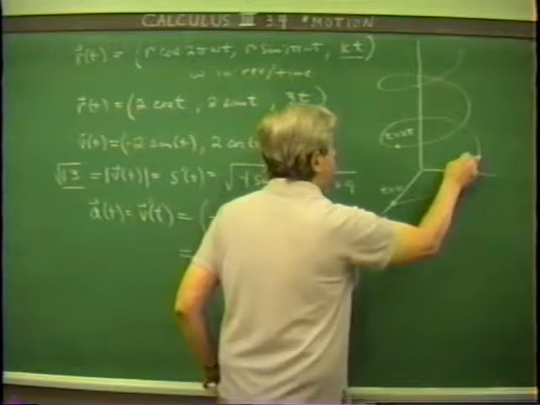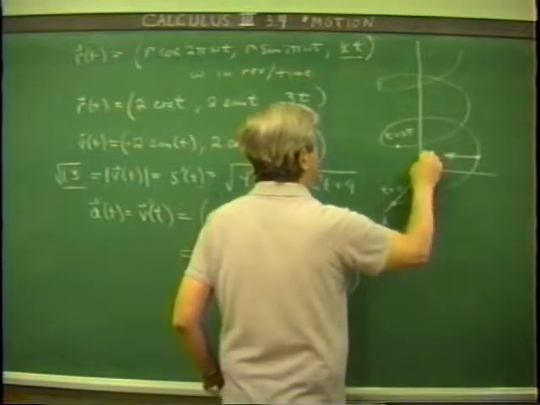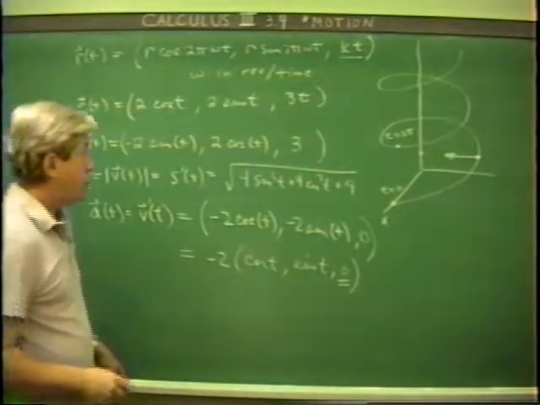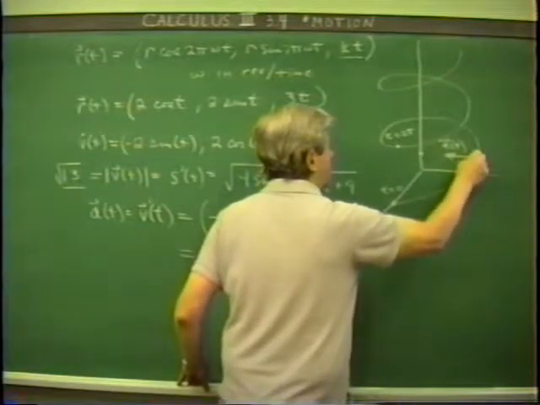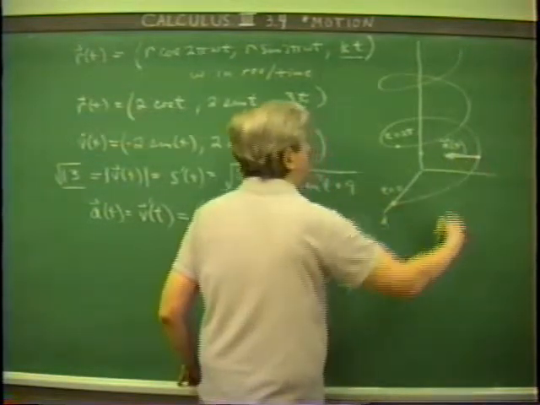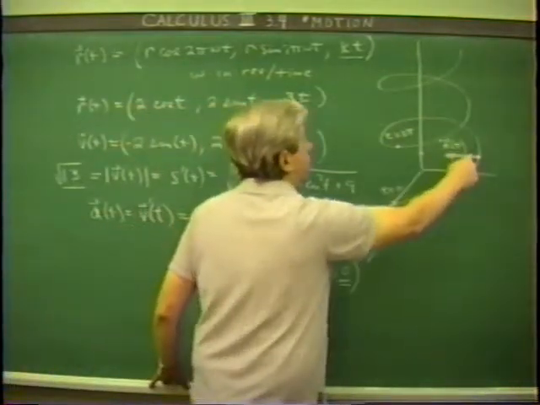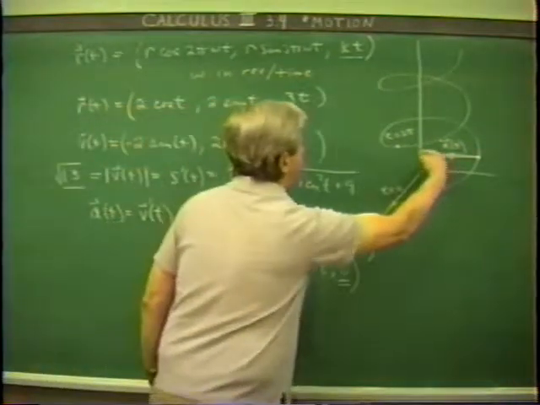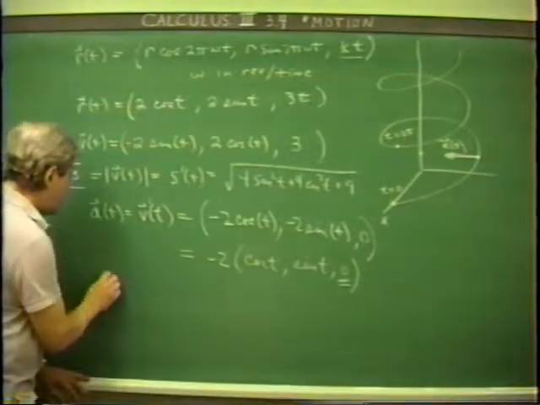This, however, is a vector at each point here that points directly in toward the z-axis with no k component. Right? So this is a of t. The acceleration for this motion is completely directed toward the z-axis.